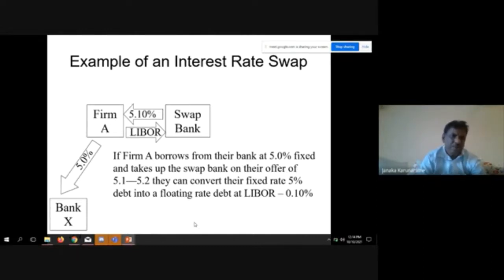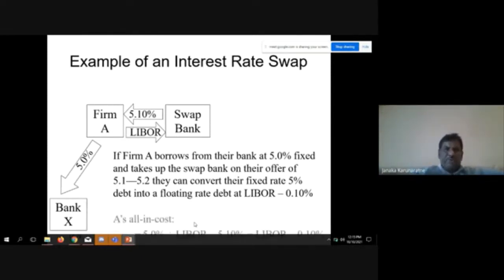So my final cost in such a scenario would be 5% minus 5.1, I am making a gain, and I get 0.1%, so my final cost would be LIBOR minus 0.1%, right?